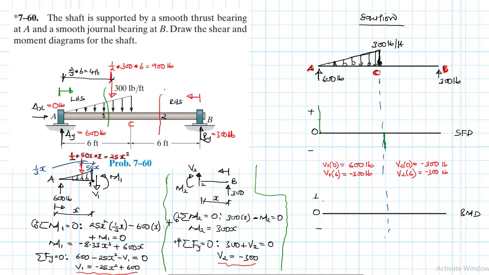600, how do we join this? Again, we look at the function. Is the function opening like so, or is it opening like this? We expect the function to open like that if you are to plot this.